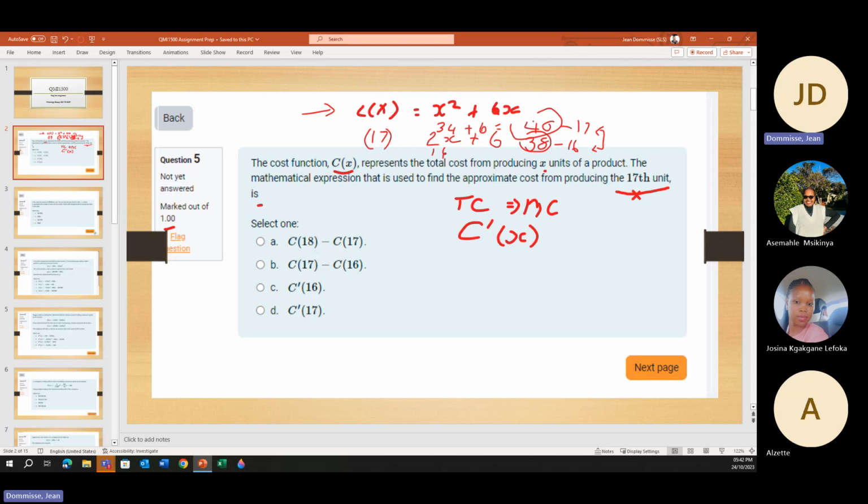If I put in 17, it will be 40. So your increase was 2 there. If I put in 18, it will be 42. So it always goes up by 2. That would be my marginal cost, or the increase. So for the 17th unit, the increase will be 2 rand, but the total cost will be okay.